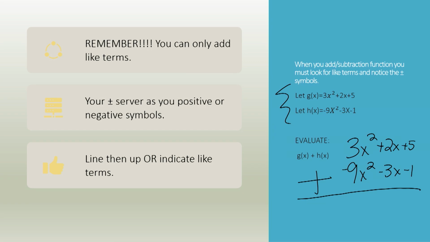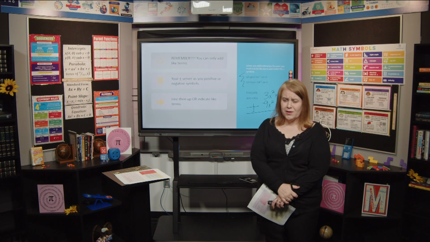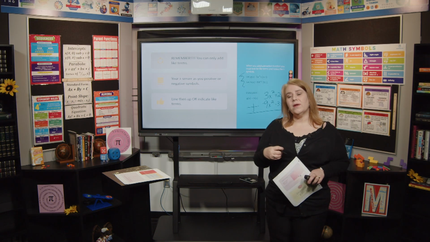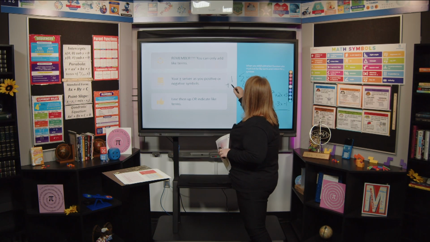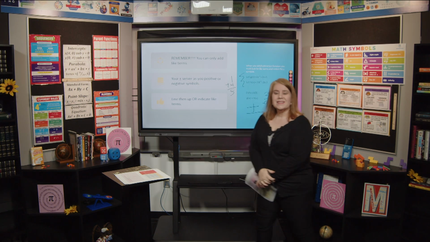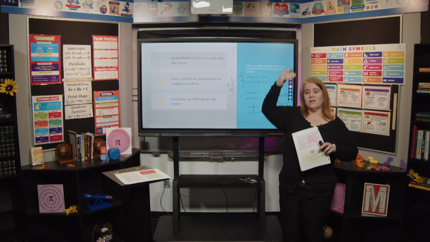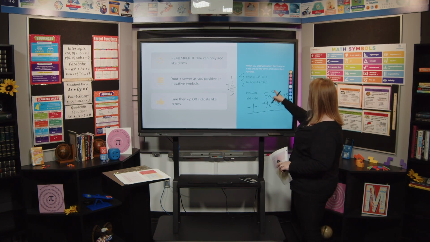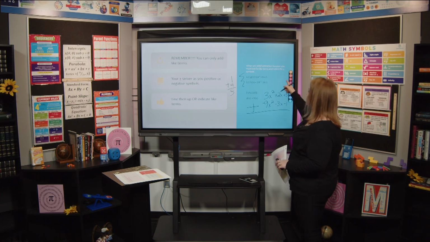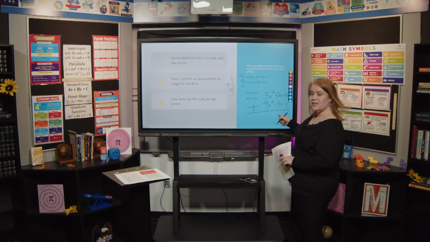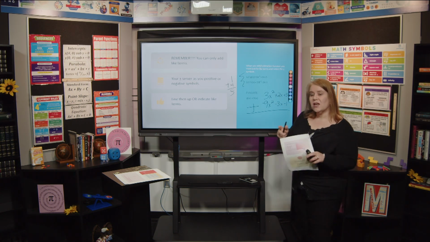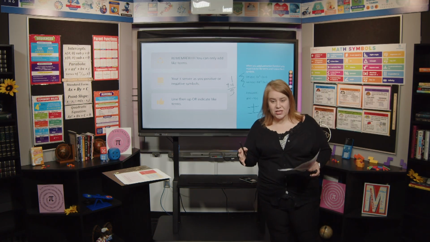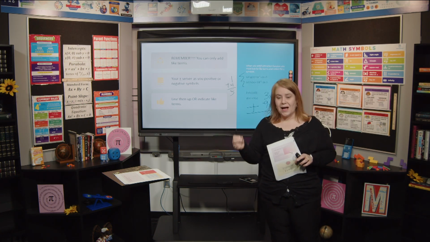Now, you may be sitting in your chair going, why did you put it one on top of the other? Do y'all remember in elementary school when we learned 1 plus 4 equals 5? Same thing. I have like terms on top of each other. I have my coefficients with my x squared, my coefficients with just my x's, and then my constants. So inside those functions, when I see an addition or subtraction sign, that's going to mean positive or negative.